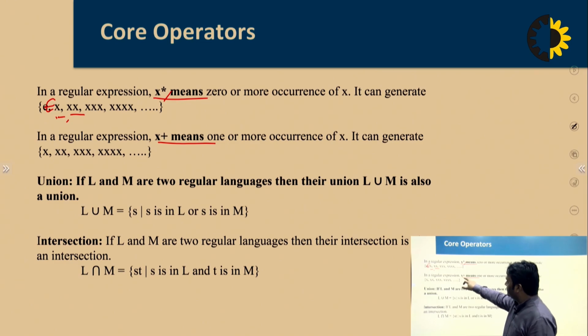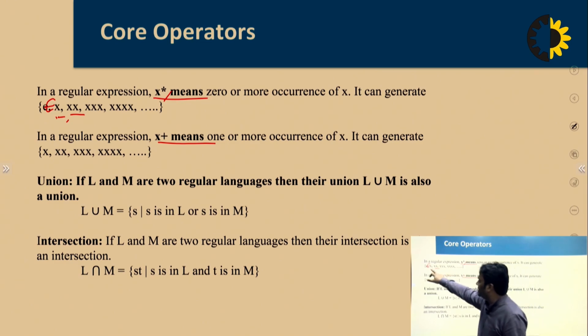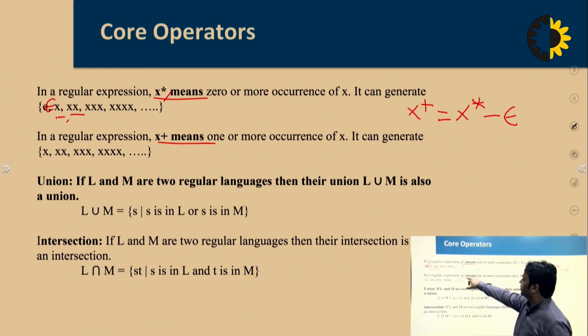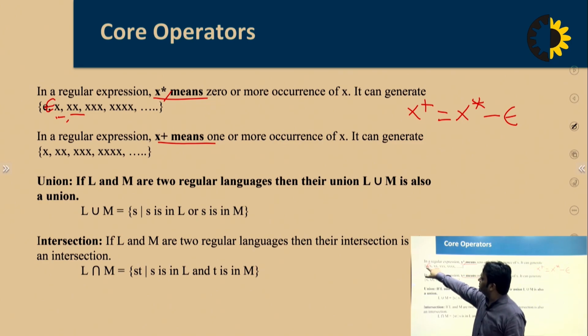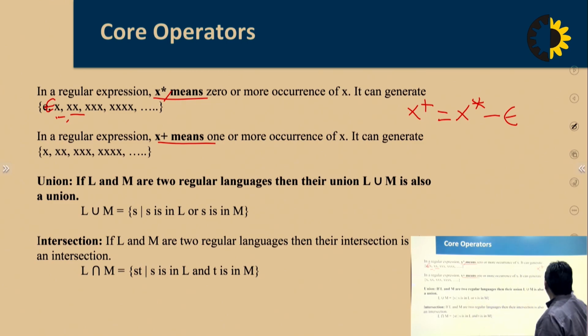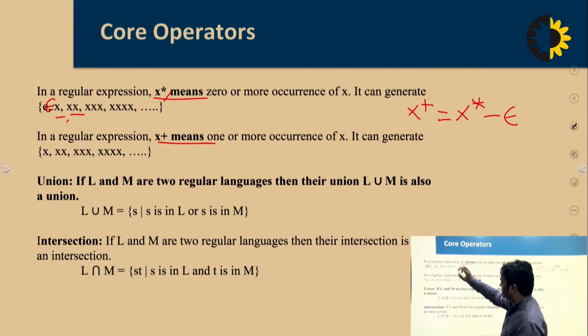It will not accept epsilon, means positive closure equals x asterisk minus epsilon. When we remove the epsilon from the closure, then it will be the positive closure.